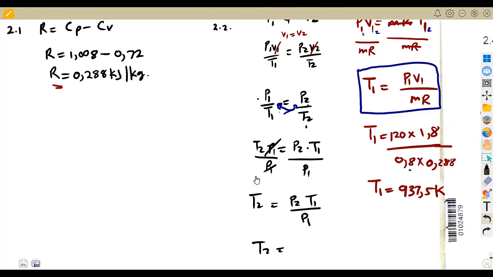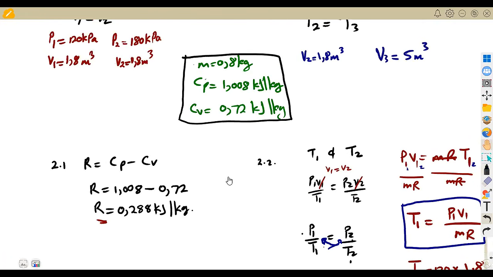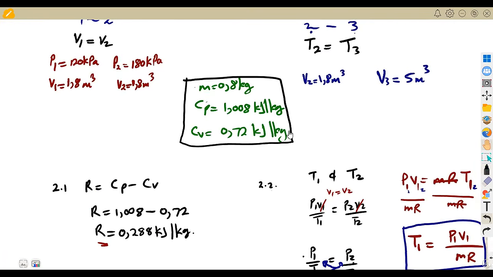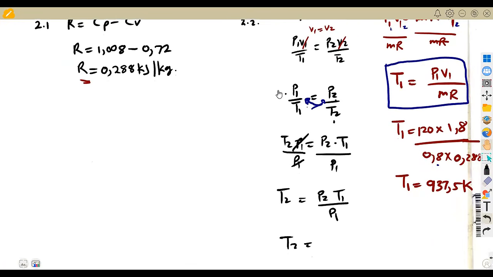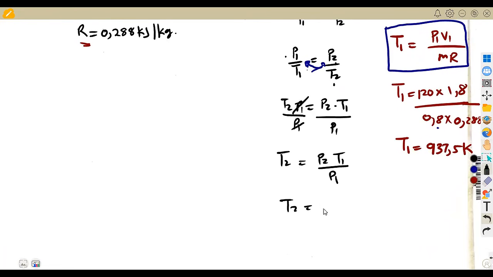We've got P2 and T1 here. So P2 is 180, times T1, the one that we calculated here, which is 937.5, over P1. Remember, P1 here was 120, from the information there.